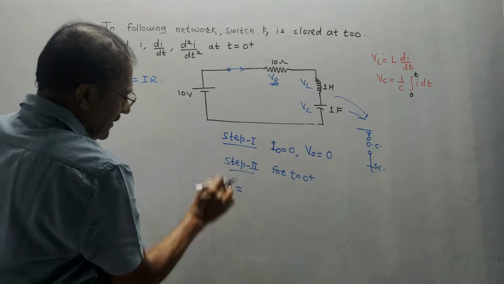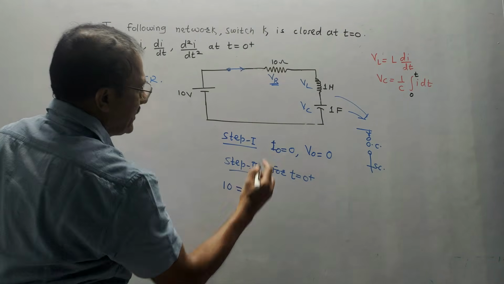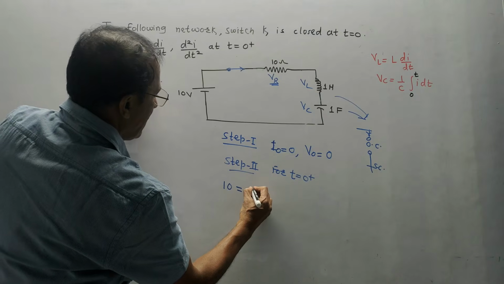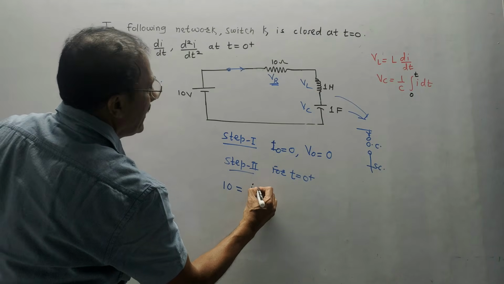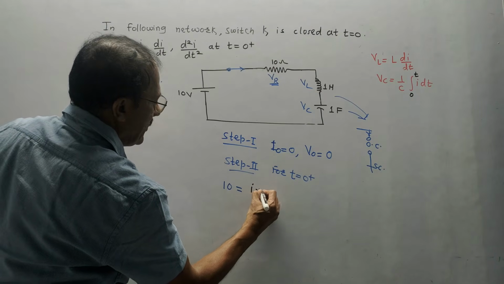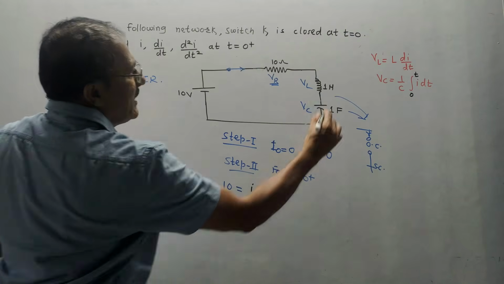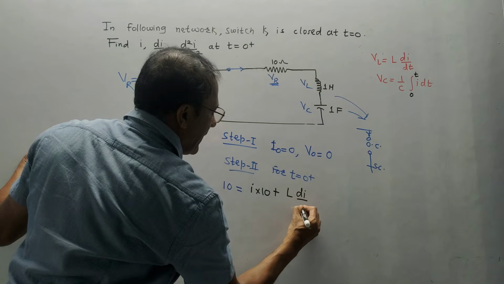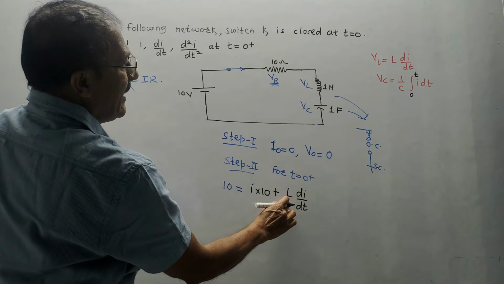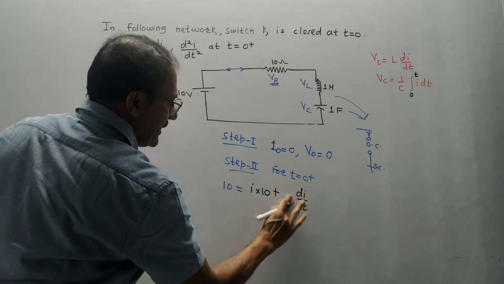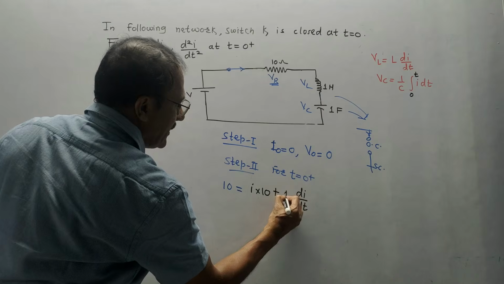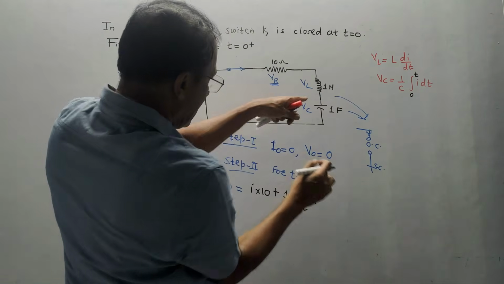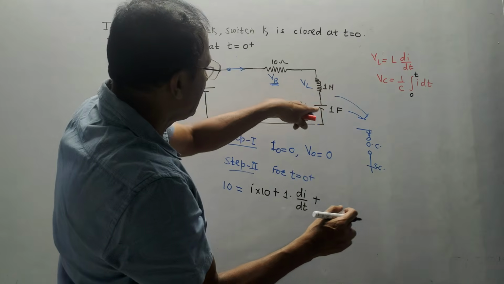So this 10 remains as it is, equal to voltage across resistor, which according to this formula is small i into R, that is i into 10, plus VL, which is L di by dt. Value of L is the value of inductor, that is 1 Henry. So I am directly putting this value, it is 1, plus 1 by C, voltage across capacitor, 1 by C, value of C is 1 farad.